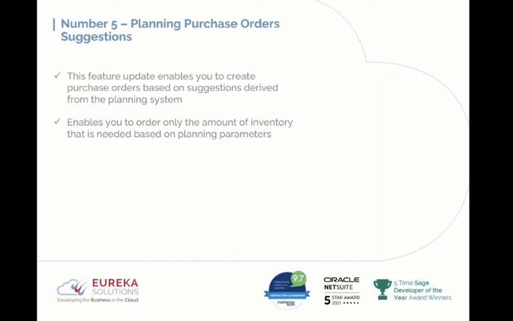So making sure that we don't have stockouts whilst also maintaining the correct level of stock, making sure that we are not overstocking by using the suggestions from the planning system to raise POs for certain inventory items that we require. Now, beyond this, this enhancement also lets you view, act, and respond to customer needs on late orders as well.